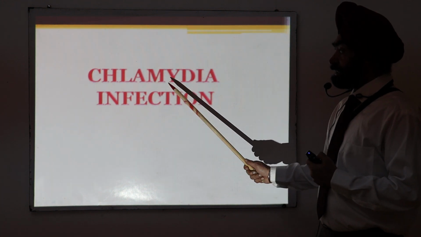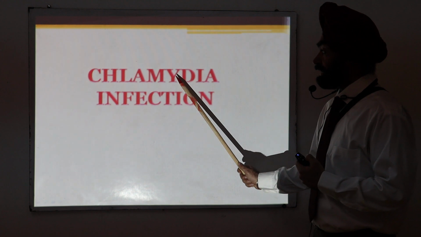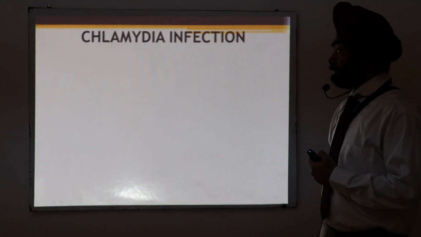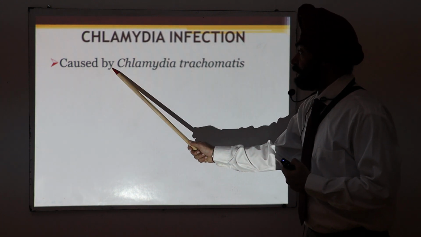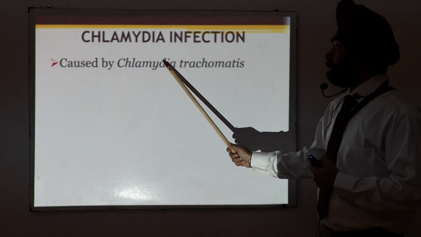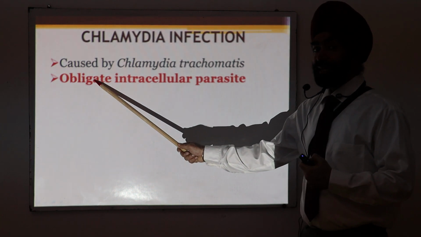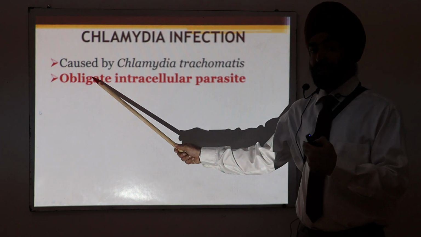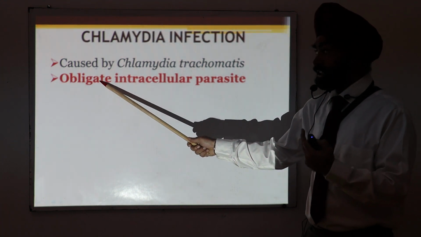Now I will discuss the second STD in today's lecture, that is chlamydia infection. Chlamydia infection is caused by a microorganism called Chlamydia trachomatis. This is an obligate intracellular parasite. Obligate means it cannot live without, so necessary, essential.